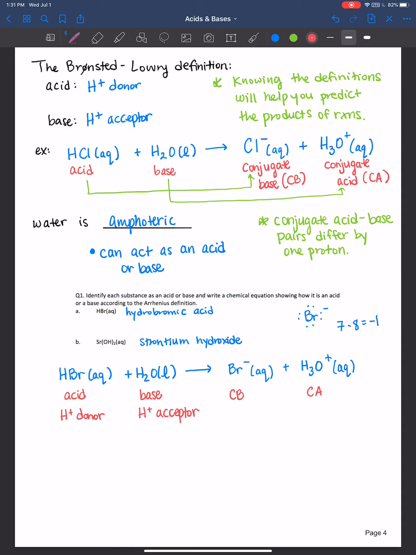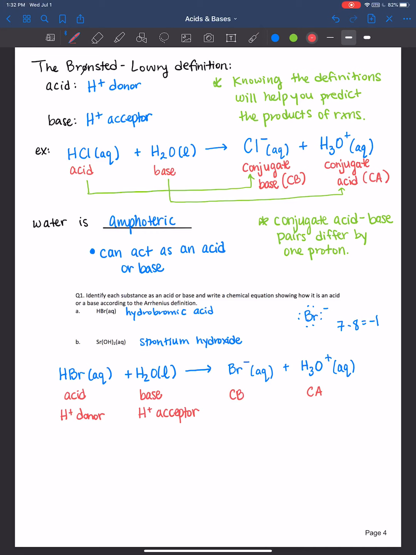Now, the way we derive this using the Bronsted definition still follows the criteria for the Arrhenius acid definition. Remember, the definition of Arrhenius acid is it produces hydrogen ions in solution, and we do see that hydrogen ions were produced. All right, let's check out strontium hydroxide.